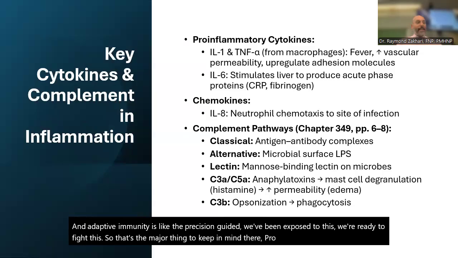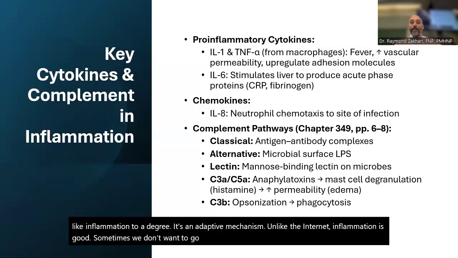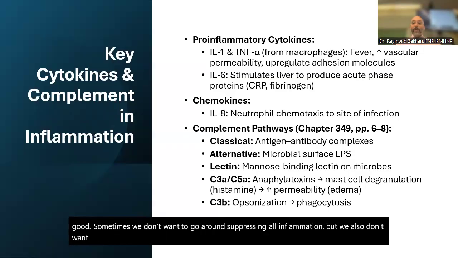Pro-inflammatory cytokines. We like inflammation to a degree. It's an adaptive mechanism. Unlike the internet, inflammation is good sometimes. We don't want to go around suppressing all inflammation, but we also don't want it to be in overdrive. IL-1 and TNF are primarily released from macrophages. What are macrophages?